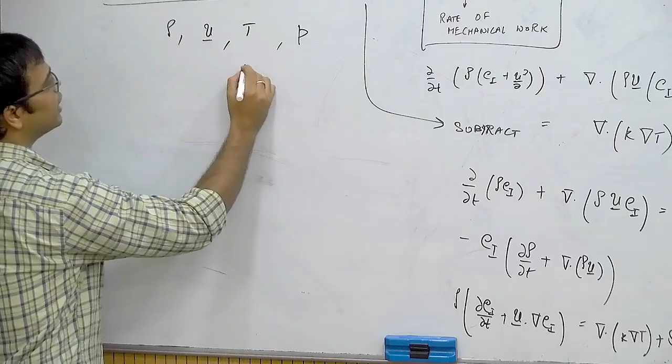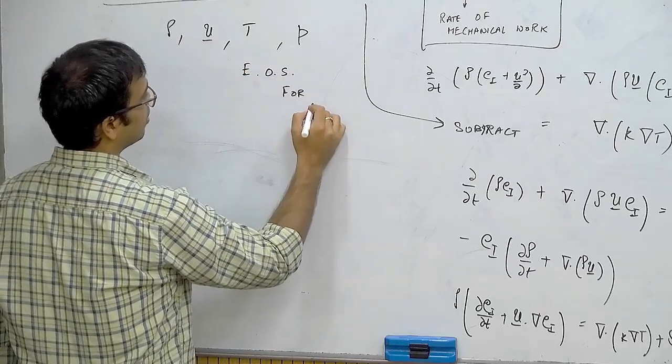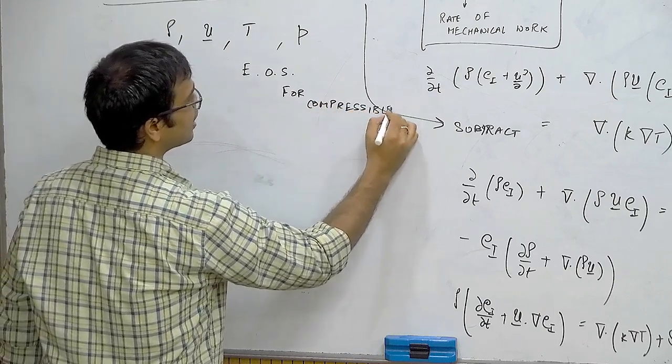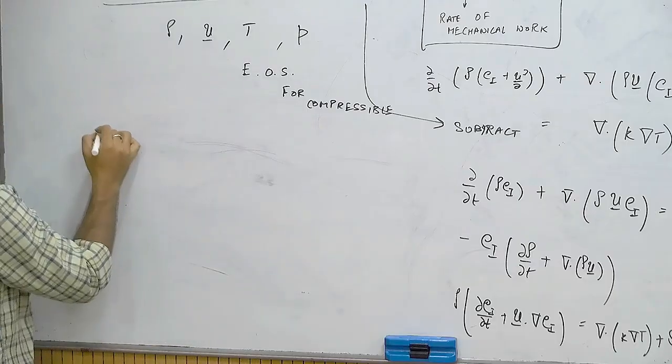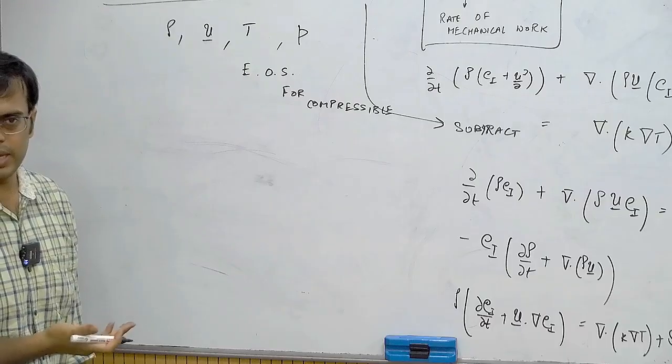So you will need an equation of state for compressible flows, but for incompressible flows, as it turns out, we have density constant most of the time. In all of our examples, we are going to consider density to be constant.